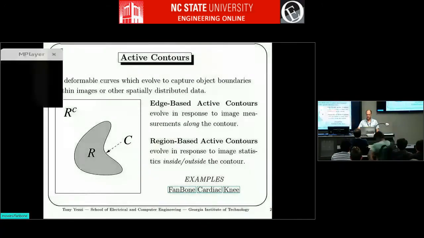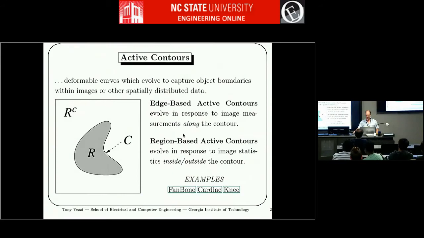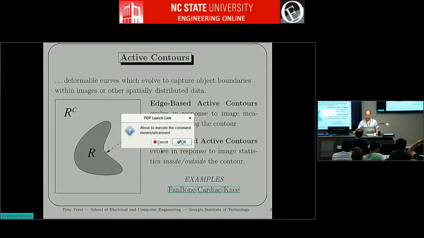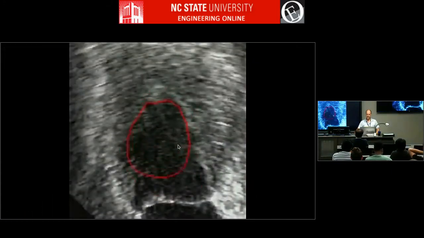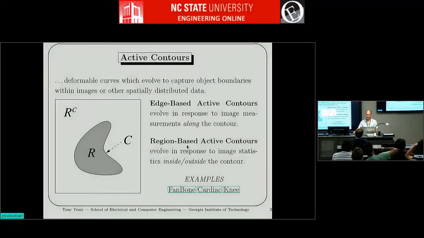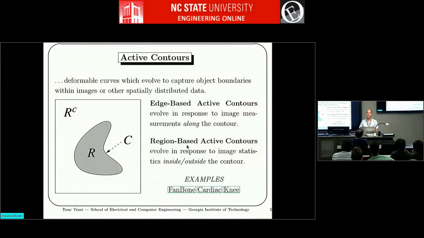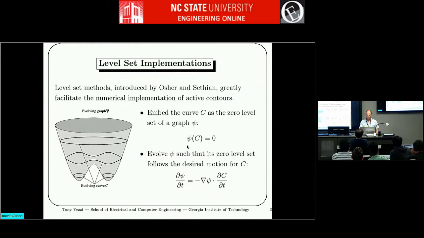Just to show a few examples, here's an active contour that's deformed to detect the fan bone in a chicken, like in automatic food inspection during processing. Here's an example of an active contour that's evolved to capture the boundaries of the ventricle in a cardiac ultrasound image. Here's another medical imaging example of an active contour finding the boundary of the bone in a knee. And of course, you can do this in 3D as well.